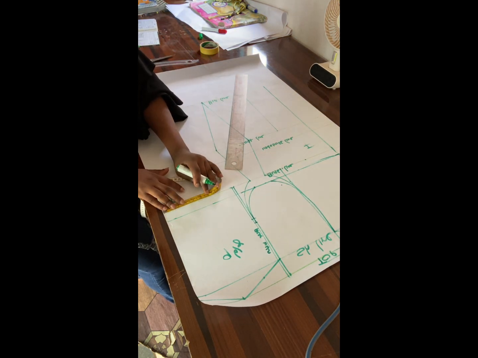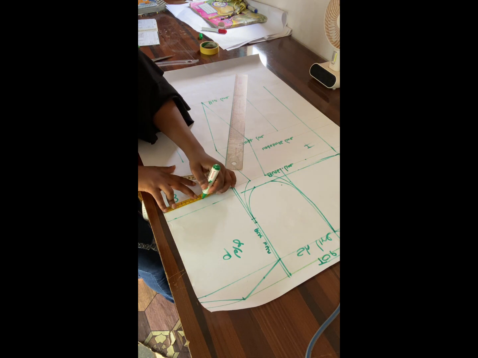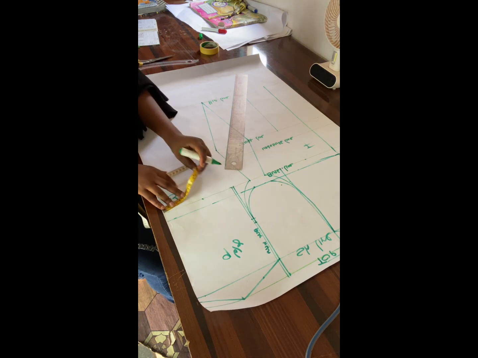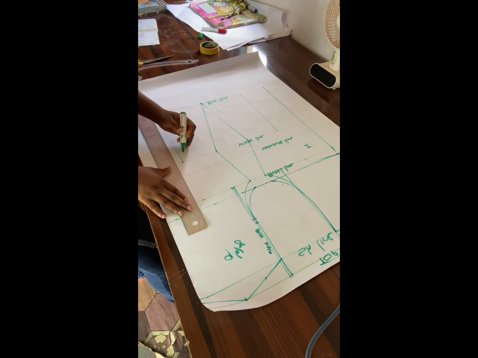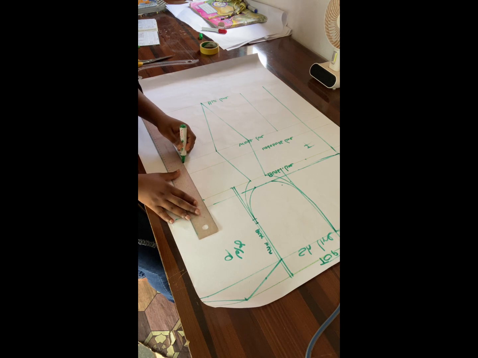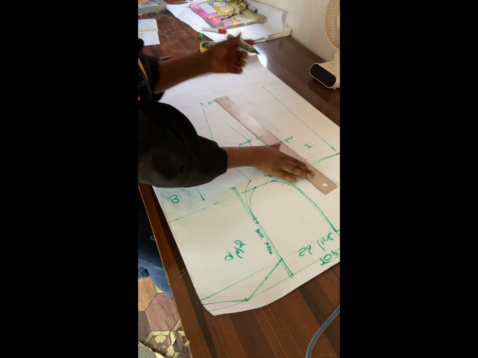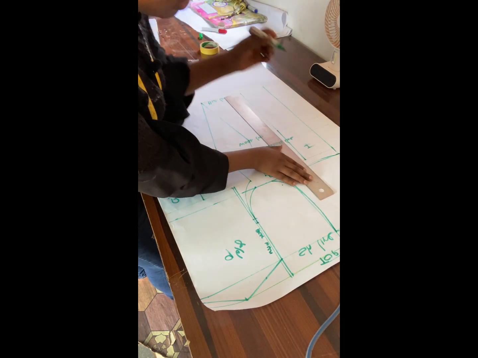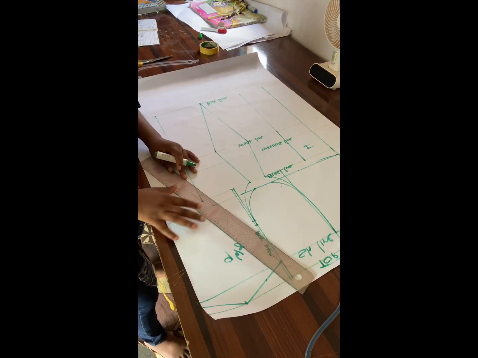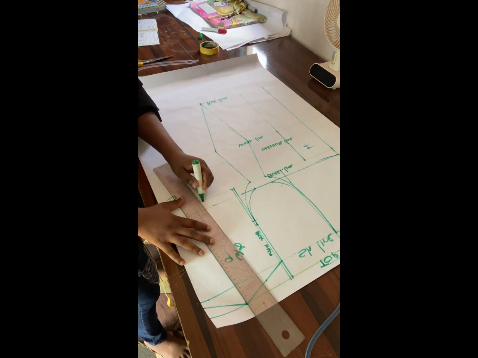That is the original bust line, not the one that we used to get our armhole. So I'm going to connect it also. After connecting it like this, the next thing we are going to do is connect it to the middle of the shoulder.